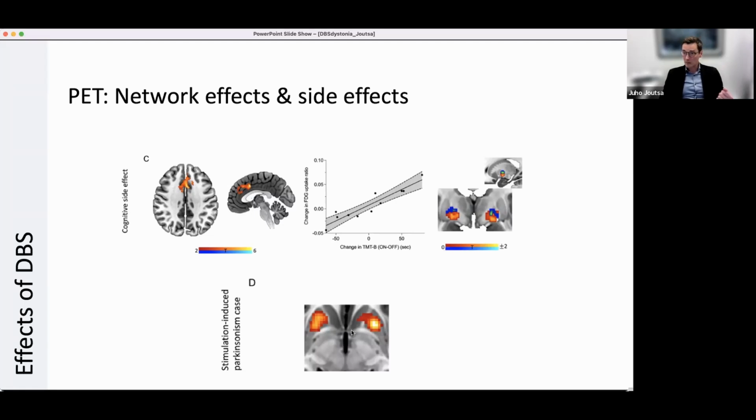And finally, there was a single case in this sample where stimulation induced Parkinsonism. Interestingly, this patient had the highest activation of all patients bilaterally in the putamen, suggesting that network effects are relevant not only for motor improvement in dystonia, but also for emergence of side effects.